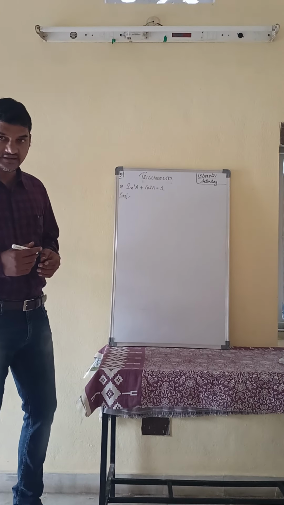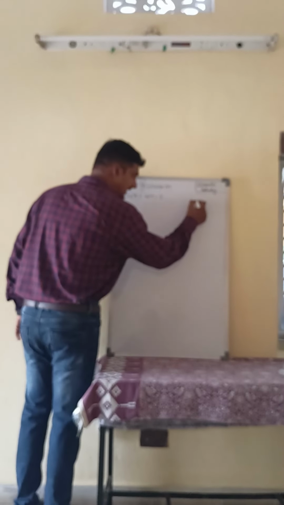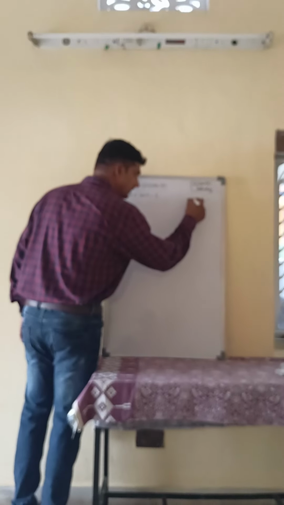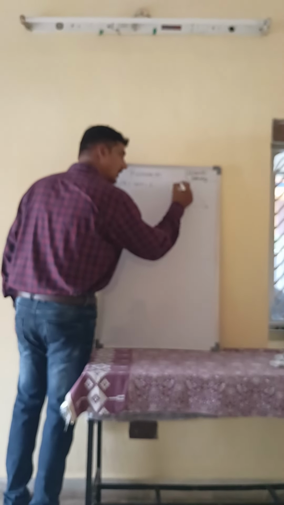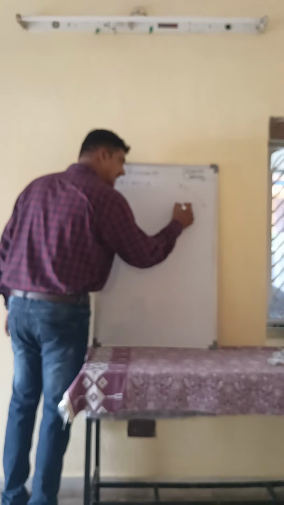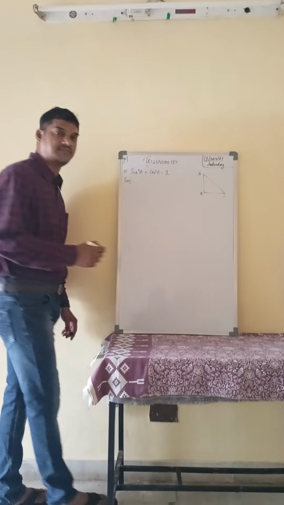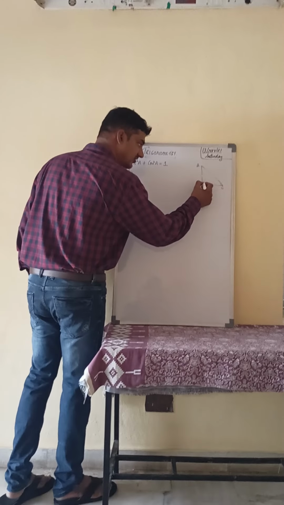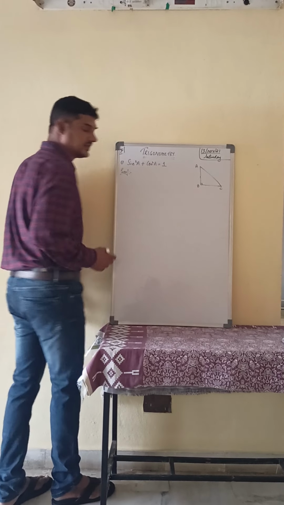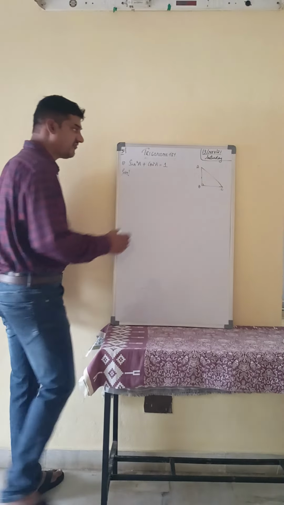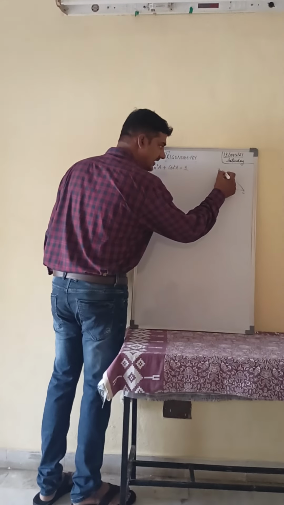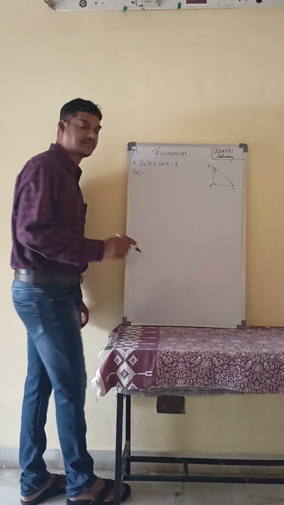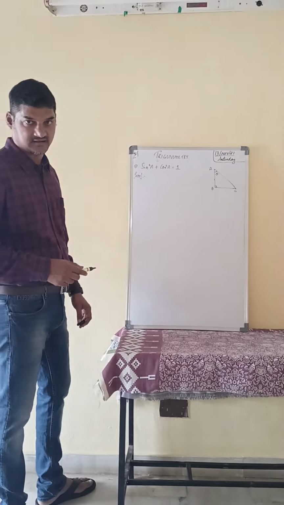Before going into it, first we will take a right angle triangle. In this right angle triangle, we have given the name ABC. Where is the right angle formed? Right angle is formed at angle B. Now students, if we are taking the angle at A, here we will represent the angle as theta.